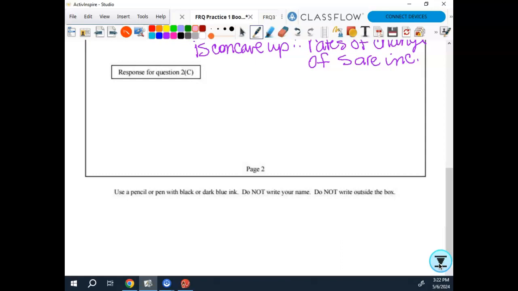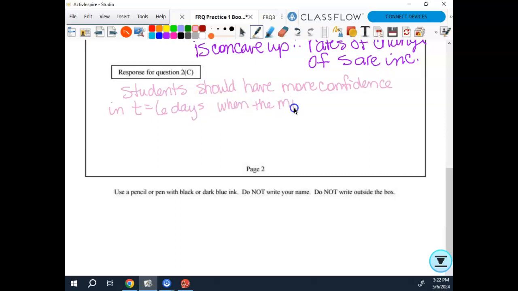So we would say that students should have more confidence in t equals 6 days when using the model for S, because now, and I will tell you this too, some of you found what it was at 6 and you found what it was at 19, and we're like, well, the 19 doesn't really make any sense.